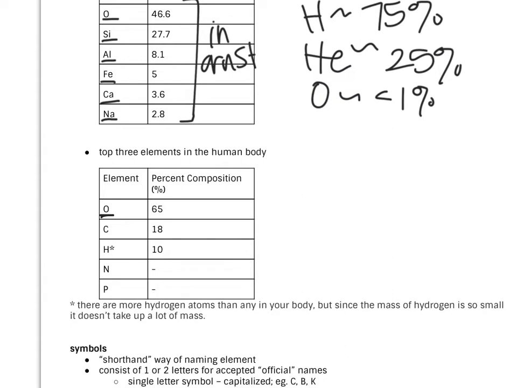And then in second place with 18% is carbon. And what makes up that 18%? Where can we find it in the human body? We can find it in those organic molecules like nucleic acids.